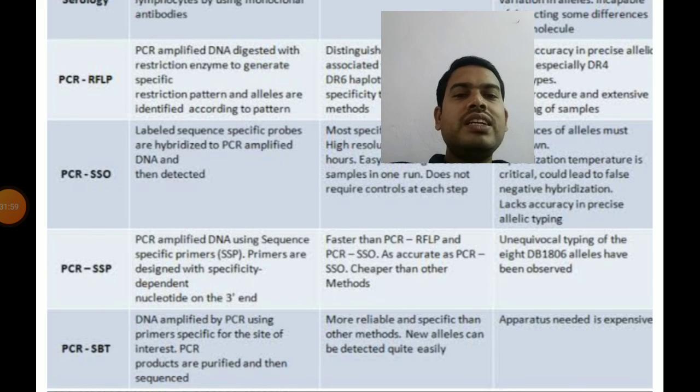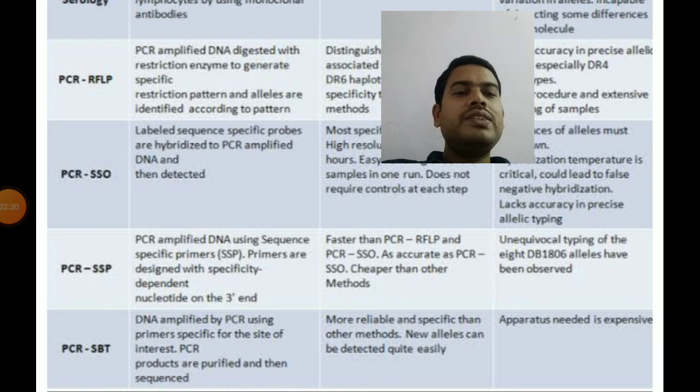The other one is sequence specific primers, that is, PCR amplification using sequence specific primers. That means you use primers against HLA allelic sequences and amplify by PCR.